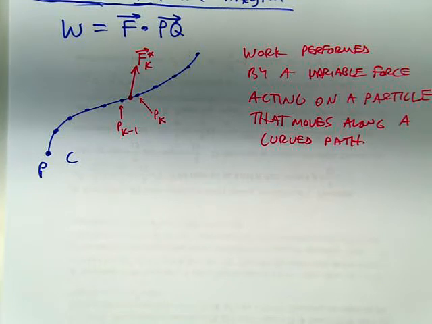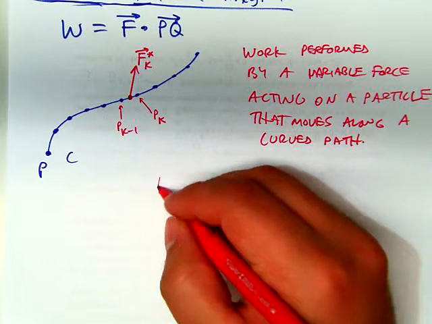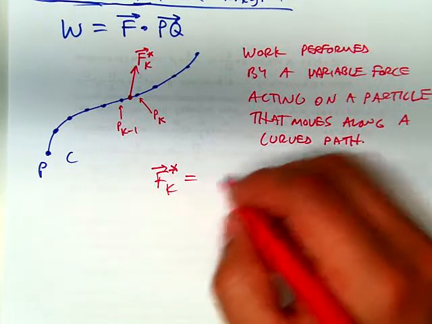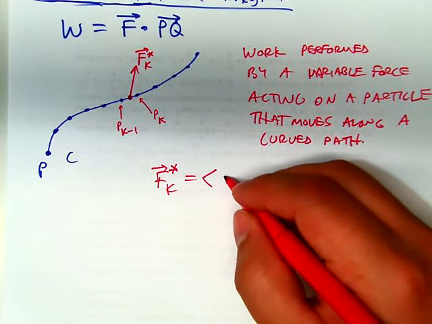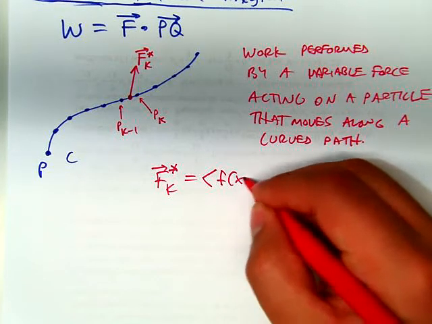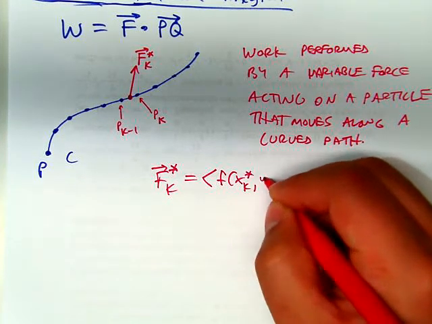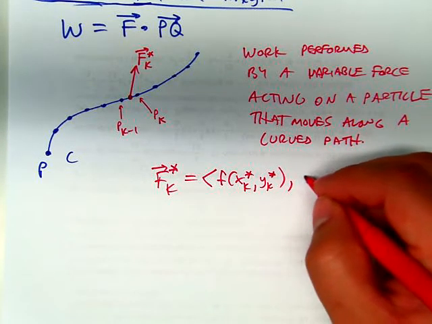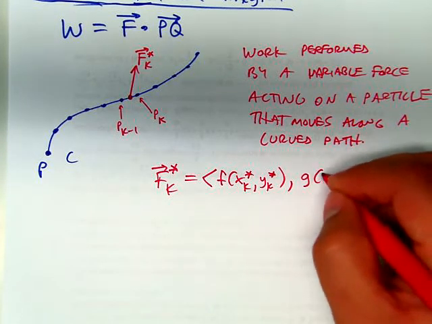So now the idea is this. The force at that point, well, let's break it up into little component functions like we've been doing. So we're going to do little f of xy, but we'll use x sub k star and y sub k star since we're at that particular point. And same with g.